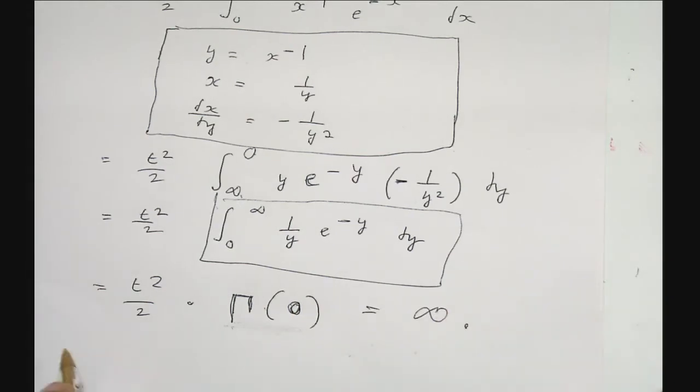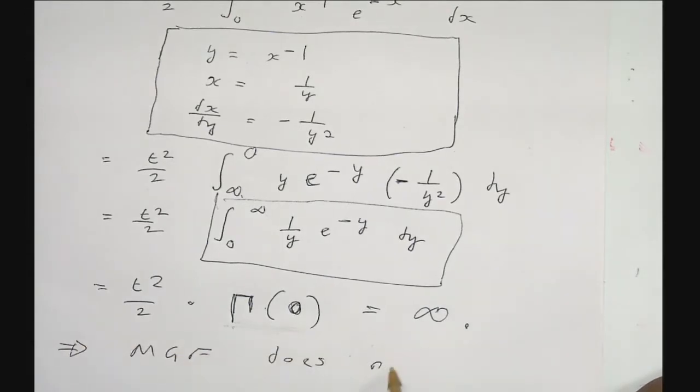So we have shown that the MGF does not exist. This function here is the Greek letter capital gamma. It's known as the gamma function. I thought you might have done it before, perhaps in probability 2 last semester. Anyway, I will talk about it later today when I see you in the next hour.